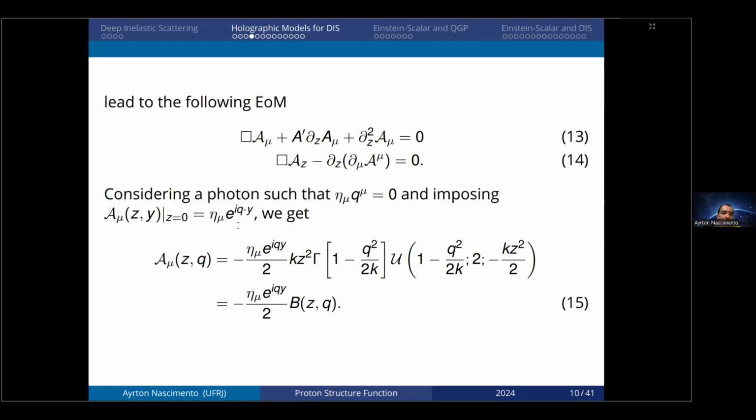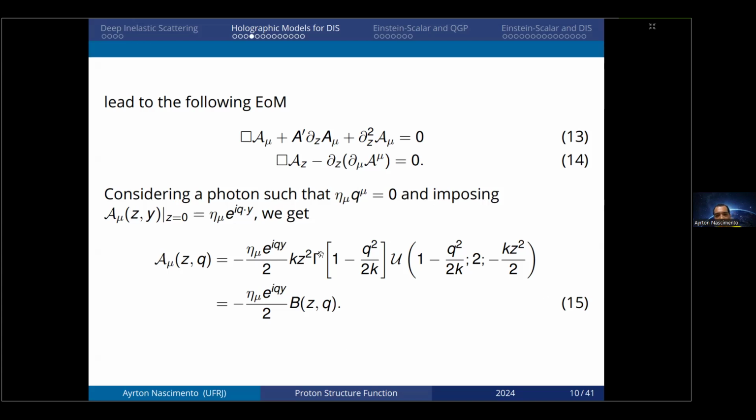So you impose these conditions, transversality and this one at the boundary, and you can work out the solutions. What you get is that one equation of motion is enough for you. You can show that the other one is not needed for the problem with these conditions I just showed you, and you can just solve this equation 13 over here, and you get solutions like this.